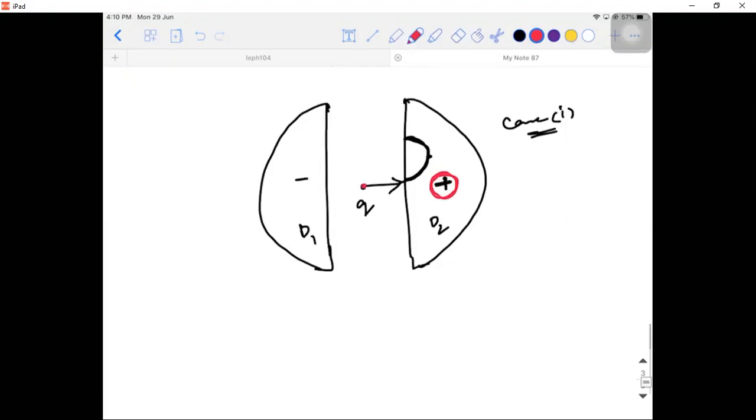Compared to the force it experienced while it was going towards the plate, it will experience more electrostatic force, due to which its velocity will increase. Am I clear? Its velocity will increase because force is being applied in the direction of its motion.